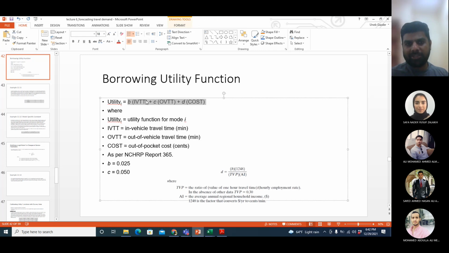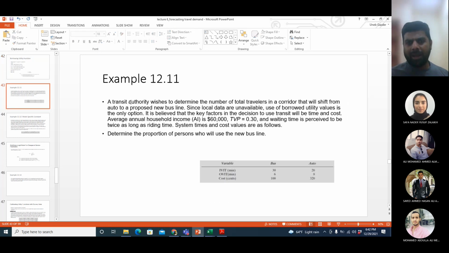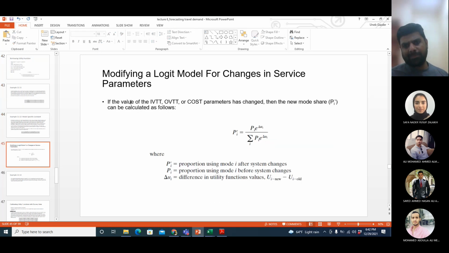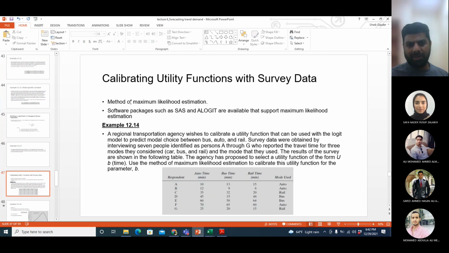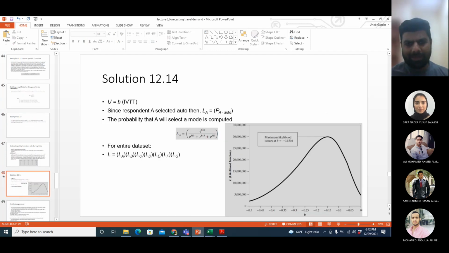But now we are just reducing the equation to this, and we want to know the value of B. This is just to explain the method of applying maximum likelihood estimation, how to calculate the coefficient. As I have mentioned, if you try to do it manually, it will take a lot of time.